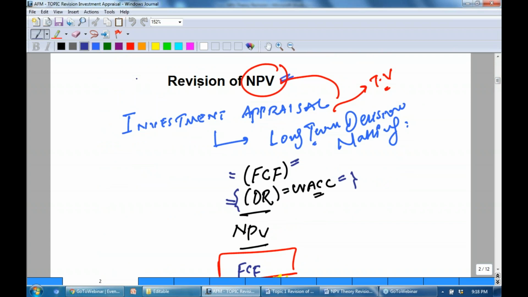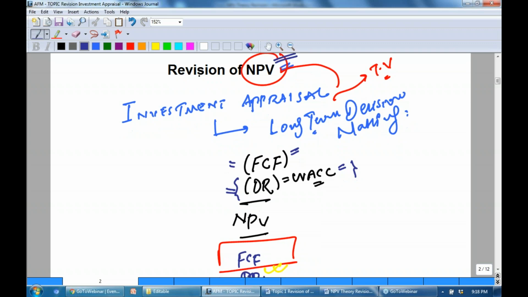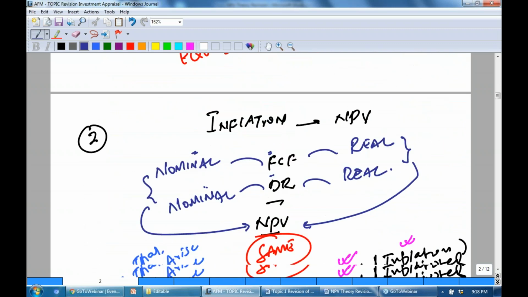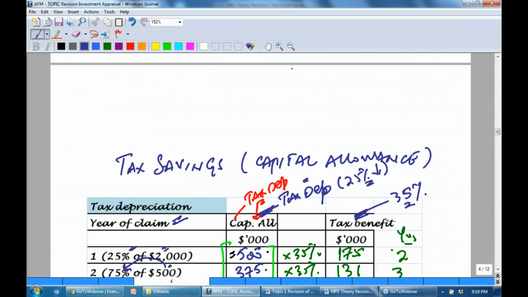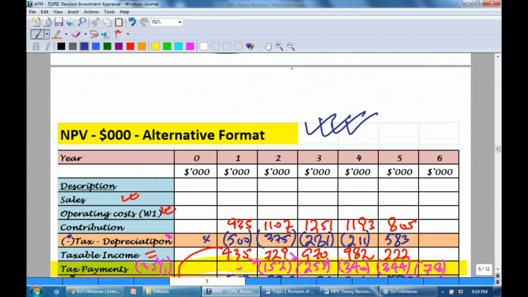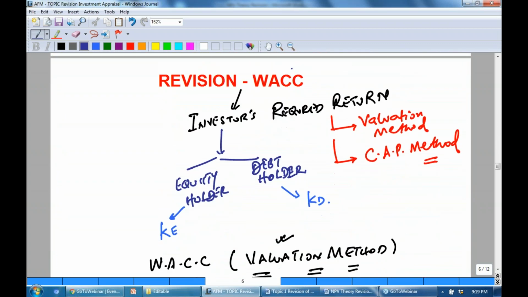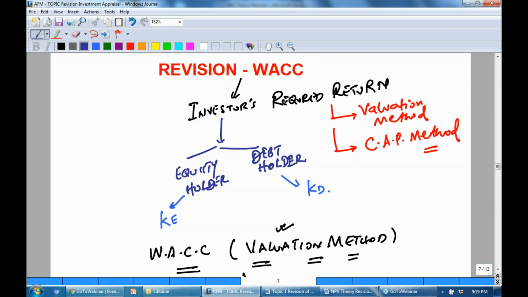First we reviewed a basic question about the NPV and reviewed the nitty-gritties about the cash flow aspects and NPV structure, all these things that we have already done. After that, we started with the revision of WACC.